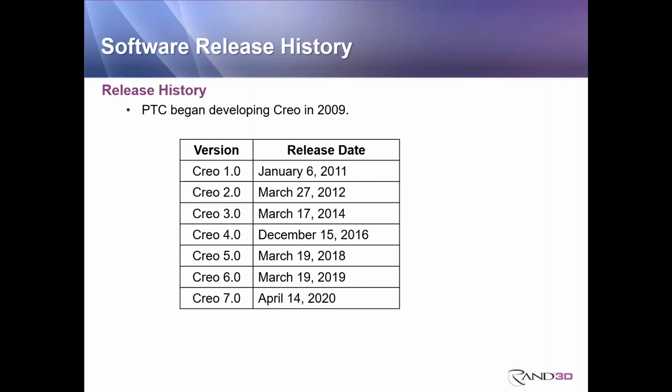And it's highly probable, depending upon how long your company's been using the software, because that wasn't that long ago, that you could have some drawings that were created prior to the Creo Parametric 4.0 launch.